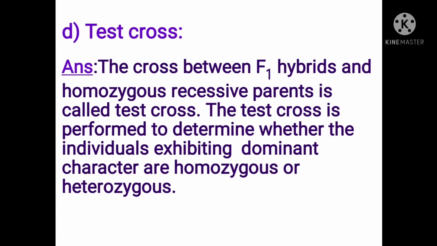D. Test cross. The cross between F1 hybrids and homozygous recessive parents is called test cross. The test cross is performed to determine whether the individuals exhibiting dominant character are homozygous or heterozygous.